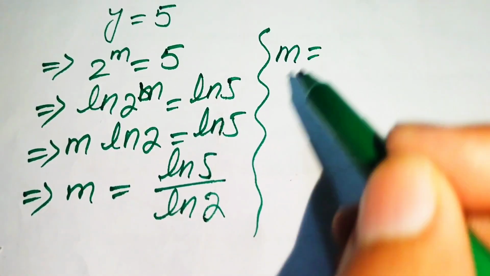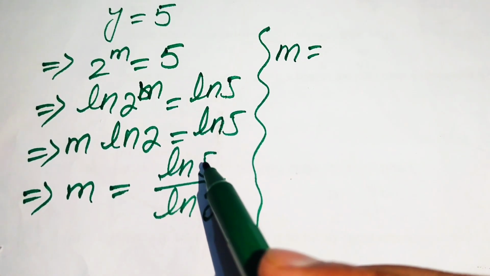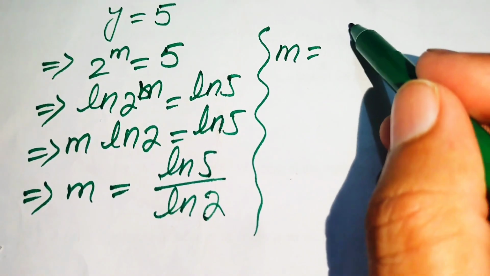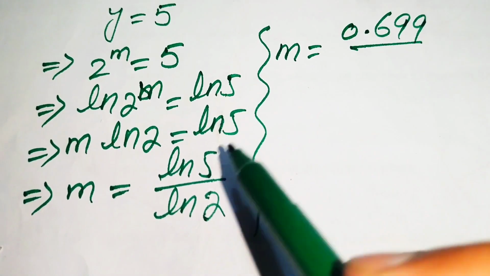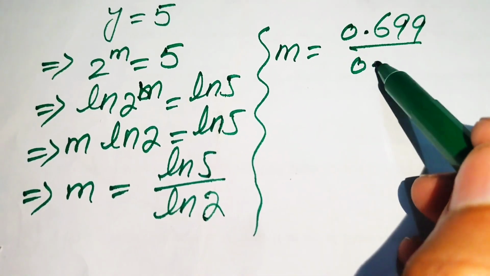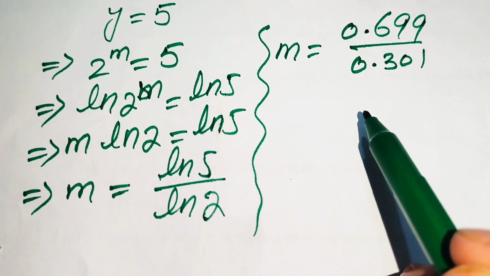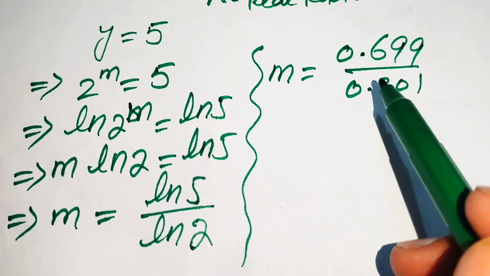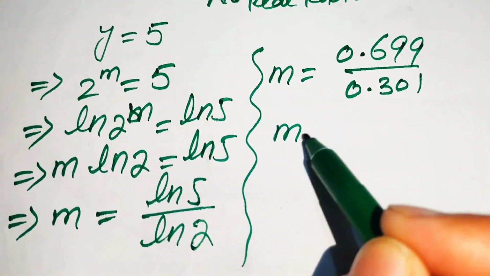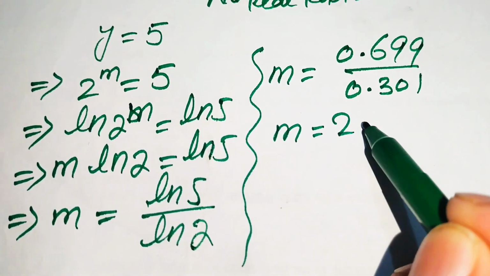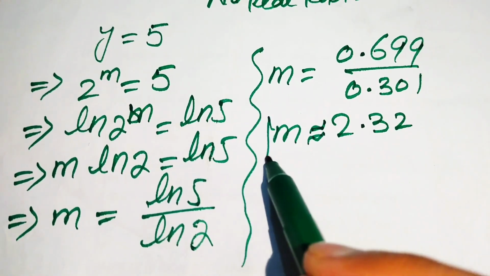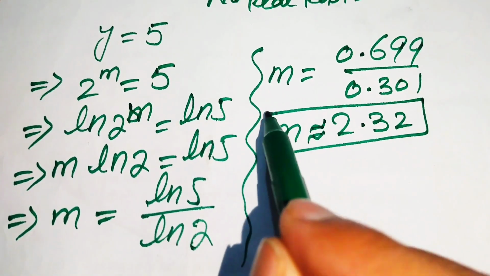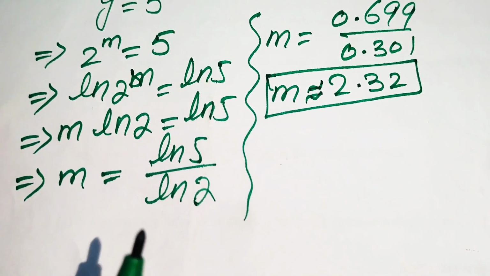We easily find that log 5 is 0.699, and log 2 is 0.301. Now we divide these two values, and we easily get m = 2.32. So this is the approximate value of m, and this is our final answer.